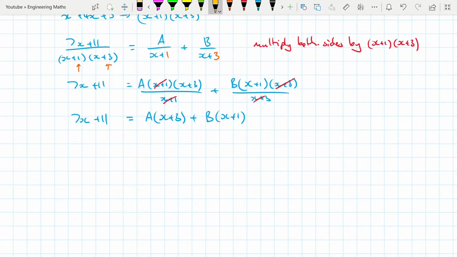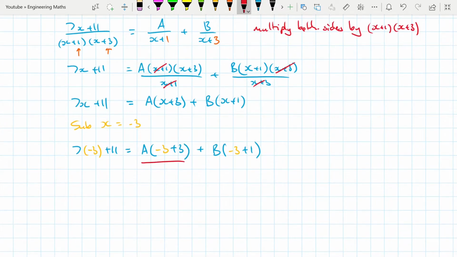So if we substitute, for example, x equals -3, then we will get 7 multiplied by -3, plus 11, equals A multiplied by (-3 plus 3), plus B multiplied by (-3 plus 1).